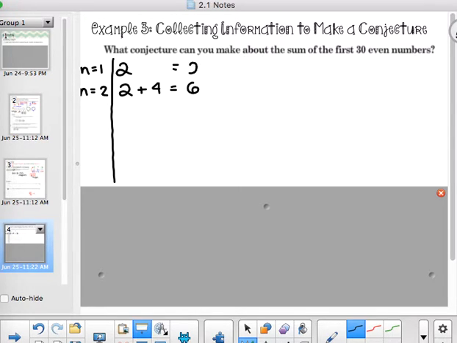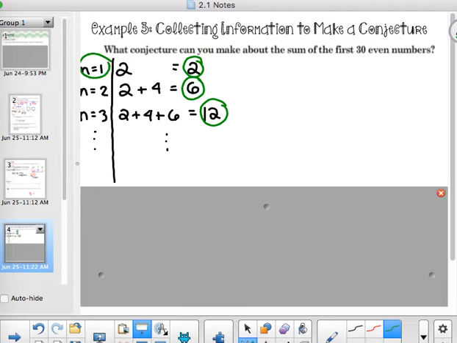The third term is 2 plus 4 plus 6, and that gets me 12, and so forth and so on. I'm just looking at these first 3 to figure out, can I use these terms and their locations to create an equation? So 2 was the first term, 6 is the second term, 12 is the third term.